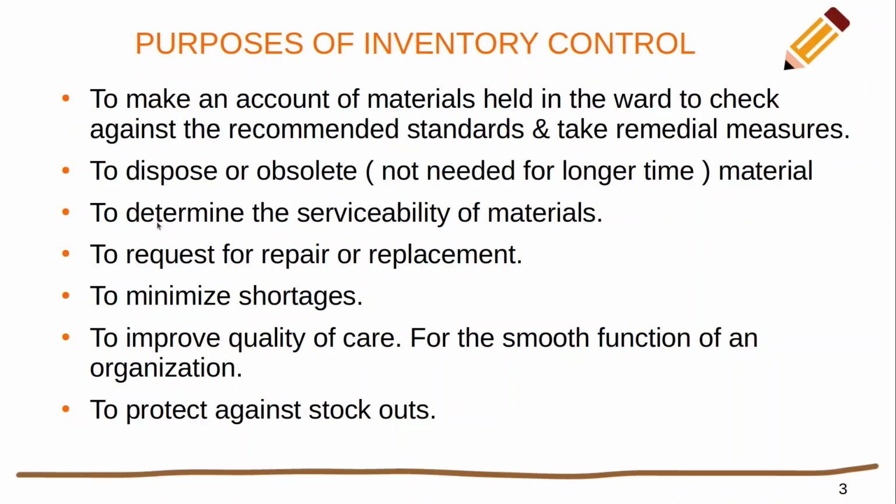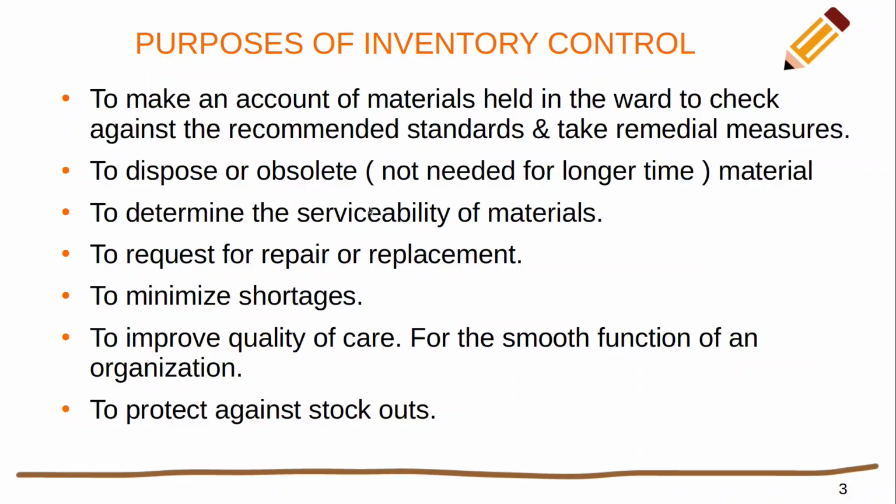To determine the serviceability of materials, to know when you have to send the equipment for servicing, you need to open the inventory register and check when it was purchased and how much warranty it came with. Is it in the warranty period? After how many years does it have to be sent for servicing?